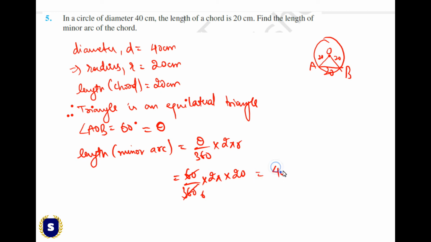This comes out to be 40 pi by 6, or we can say 20 pi by 3. Substituting the value of pi, we will get 20 by 3 into 22 by 7, 440 upon 21 centimeter.